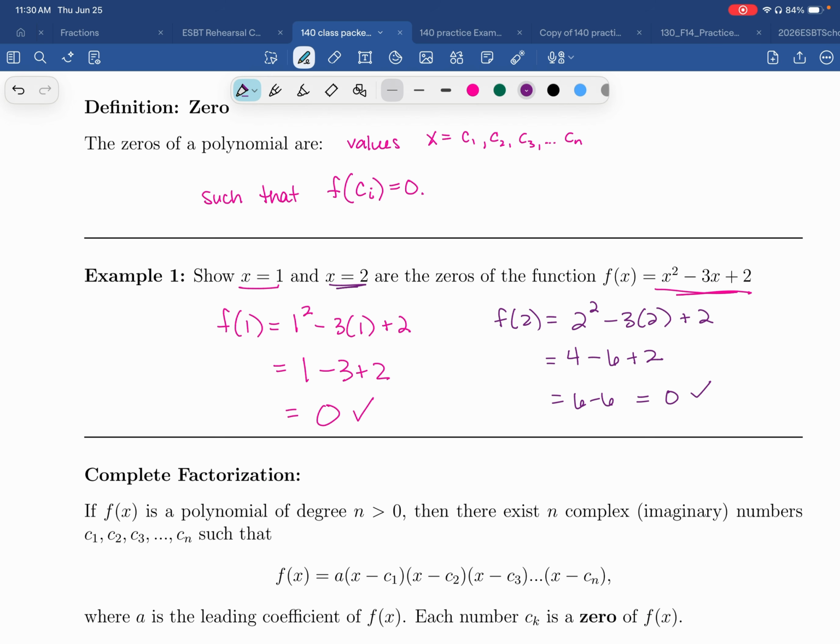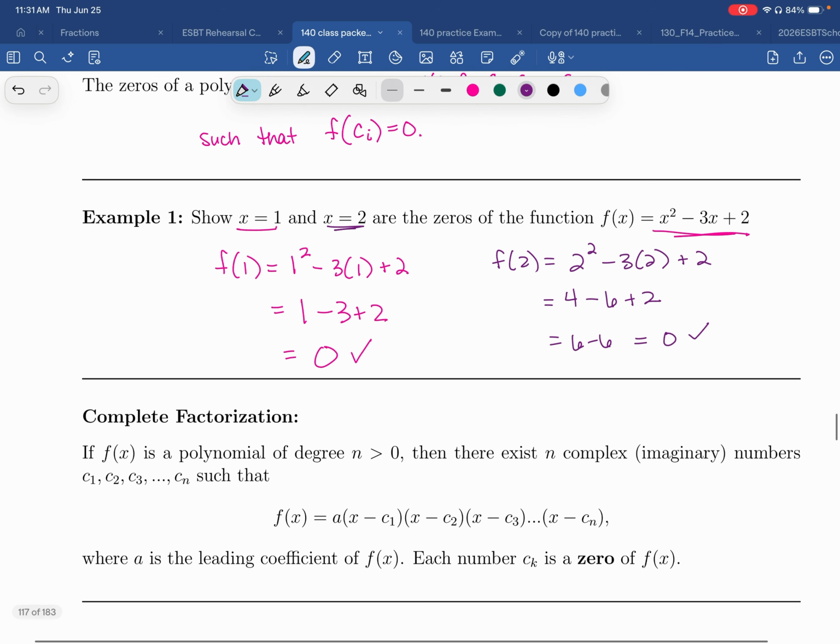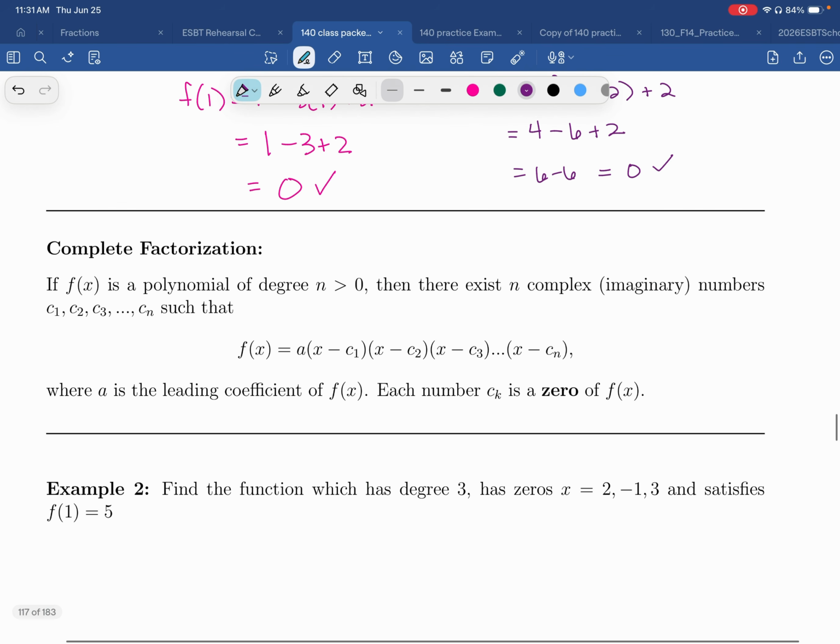Okay, now why is this useful? Well, zeros of a polynomial are actually how it gets factored. Just like how we use the factorization to find the zeros when we factored quadratics, the opposite is also true. So if we have f of x as a polynomial, and a lot of this is just the mathematical technical language here, polynomial degree n greater than 0, that means you need something that has x's, x to the first, x to the second.